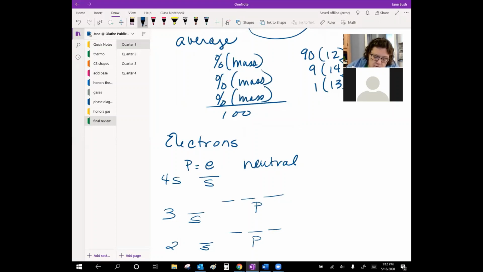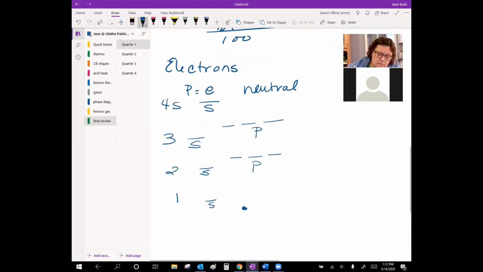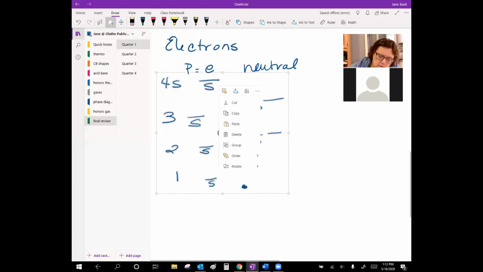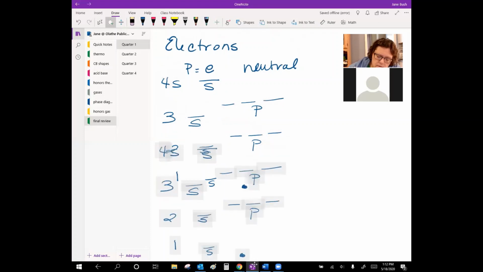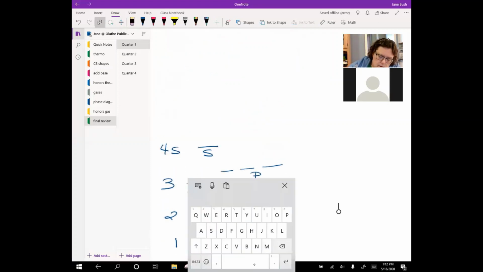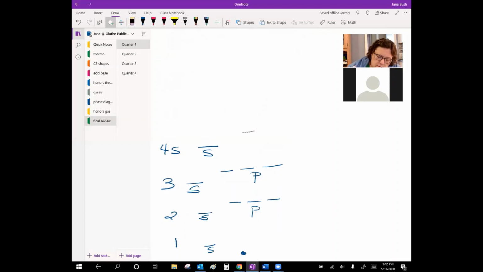but those 5 D rooms don't fill until the 4S room does, because of energy level. I'm going to move this down so I have a little more space. So then we get the D levels.